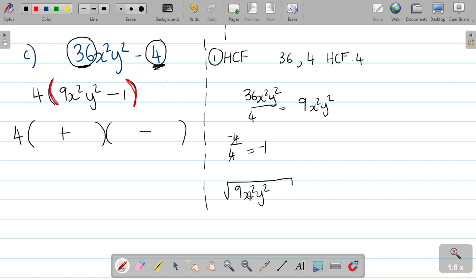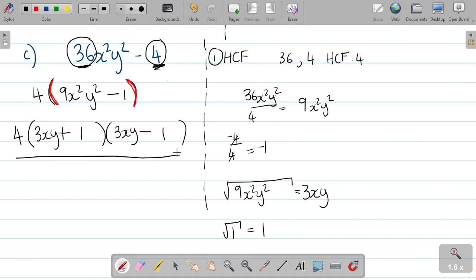The square root of 9 is 3, and then the square root of x squared is going to be x. The square root of y squared will be y. So we put that in there. 3xy and 3xy. And then the square root of 1 is simply 1, because 1 times 1 is 1. And that will come over here. And that now is our final answer.